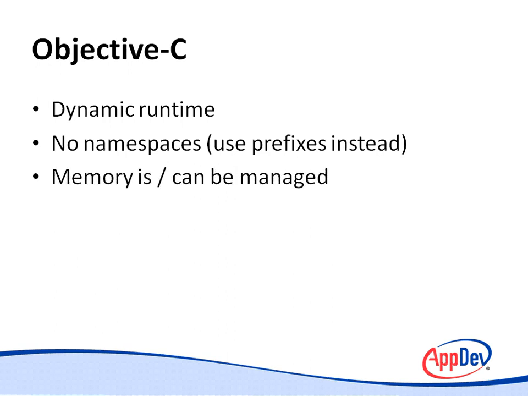So memory is managed, or actually can be managed. There's two options that you have here. One is manual memory management. And if you were programming for iOS 4.3 or lower, you'd probably want to use manual memory management. And in that case, what you do is you actually have to allocate instances of your class and release or destroy instances of your class to control the memory.